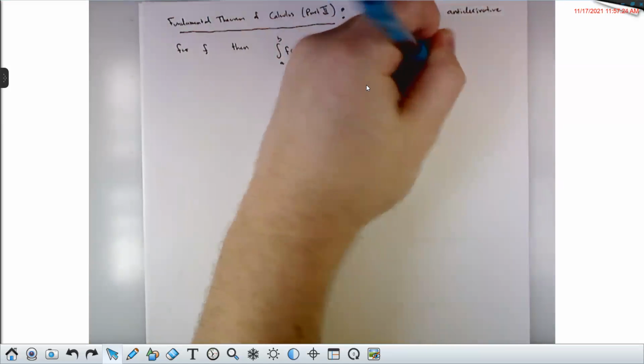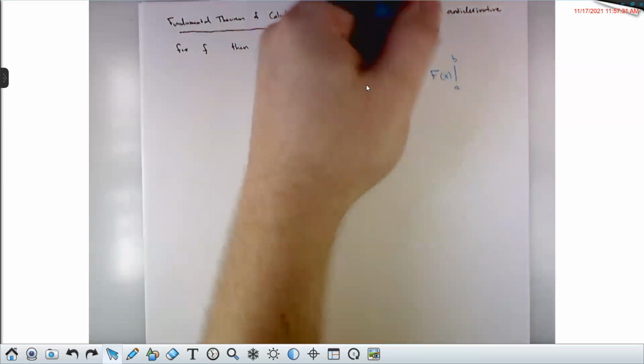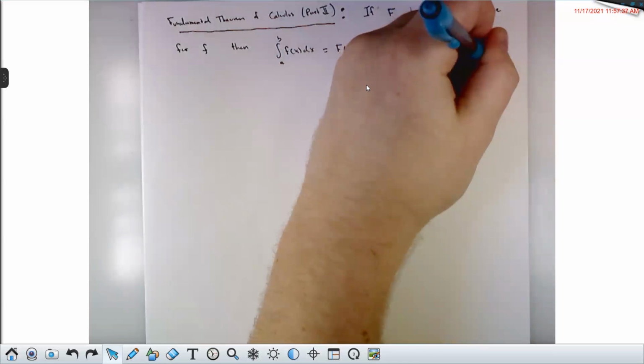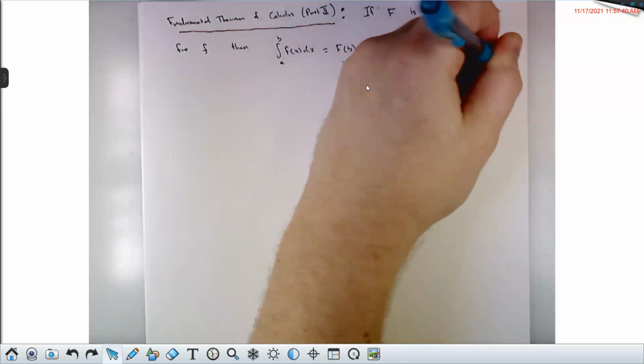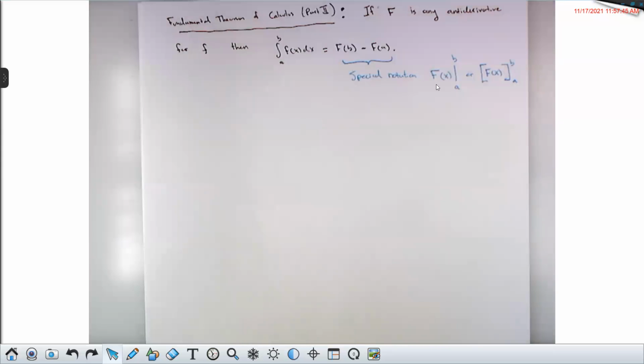You'll often see that difference, F of b minus F of a, written as capital F of x with a bar from a to b, or sometimes in brackets with a and b. Usually, if somebody hands you an integral like this, you first work really hard to find an antiderivative, and once you find it, you just write it down without worrying about plugging in the bounds, and say next I'm going to evaluate from a to b.